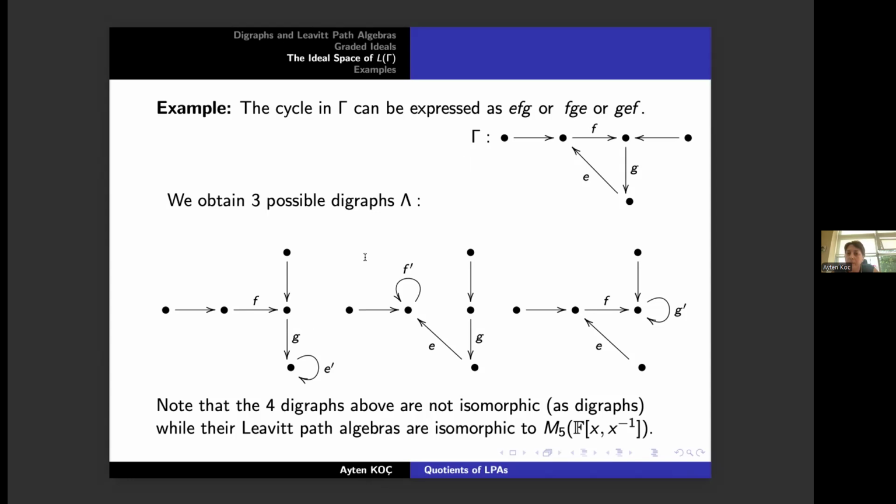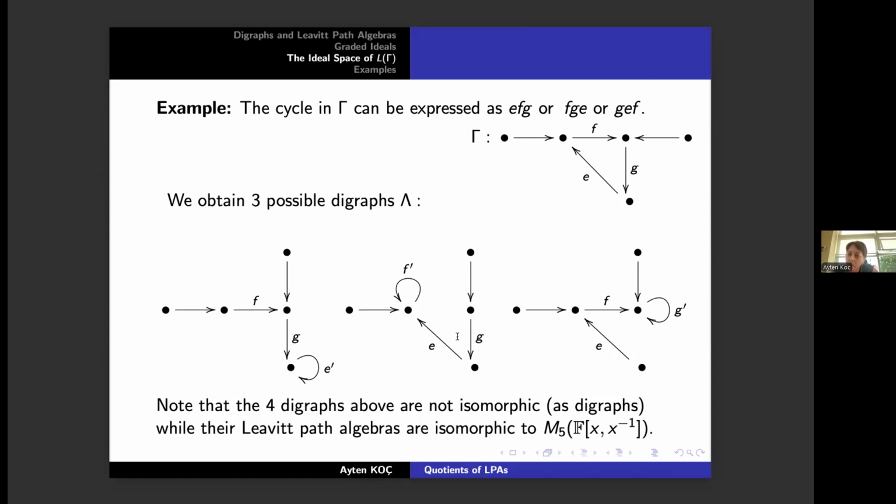Take another cycle, FGE, with initial arrow F, and cut this cycle at the target of the initial arrow. So we obtain a new loop at this vertex, and the second digraph. If we take GEF, with its initial arrow, and cut this cycle, replacing G with G prime, we obtain the last digraph.